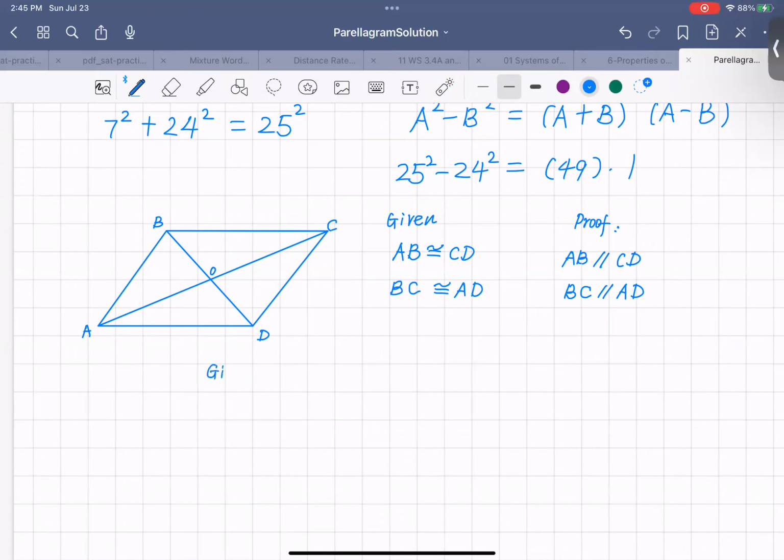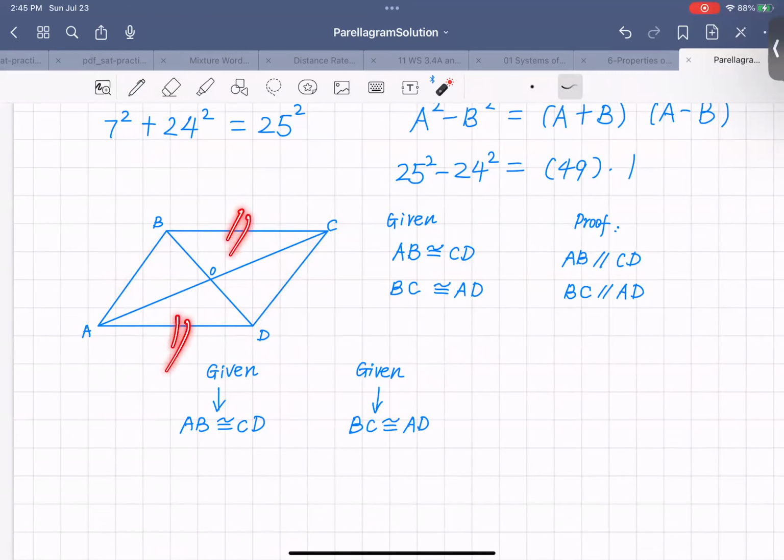The given is here. So given, AB congruent to CD. Go ahead, write down this. And also given, BC is congruent to AD. You have these two sides congruent, and these two sides congruent.